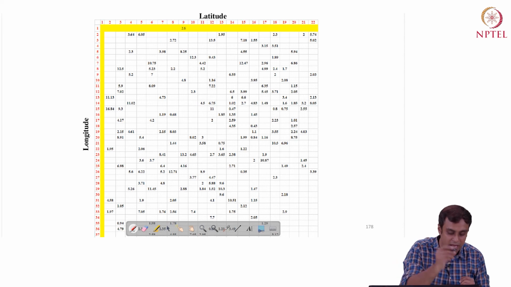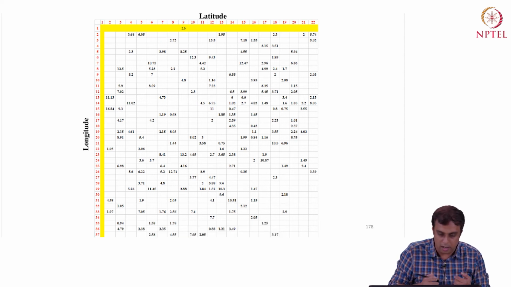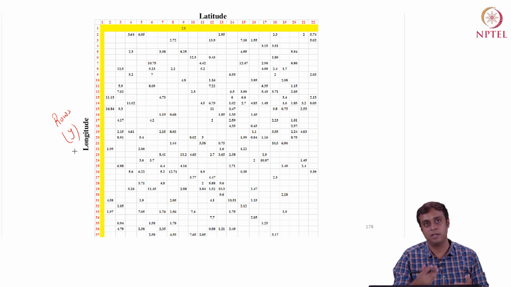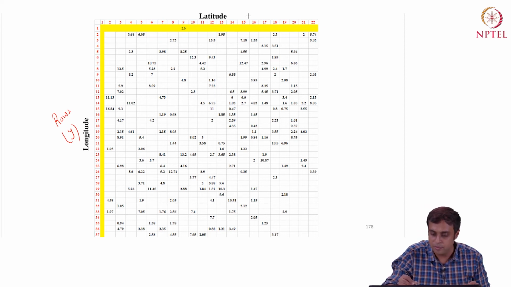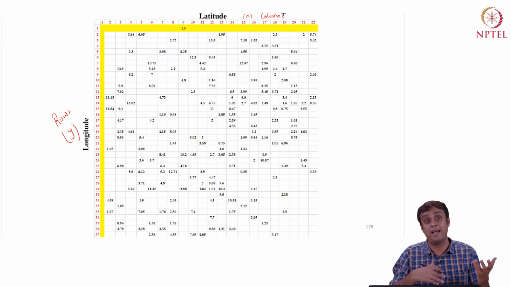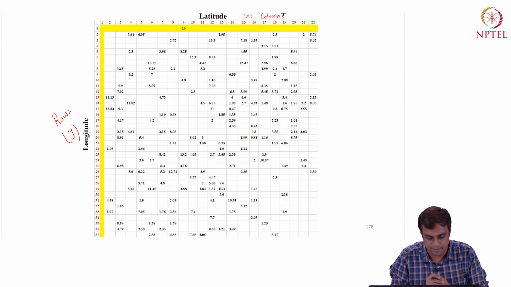In this data set, we have 37 rows and 22 columns. So rows are on the y-axis and columns are on the x-axis, something that we saw in the previous lecture as well.